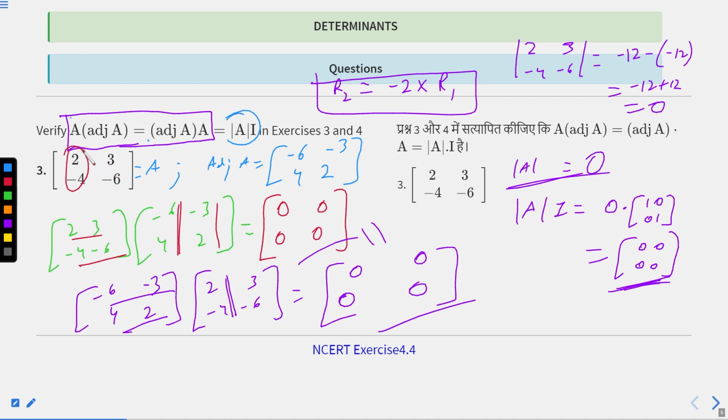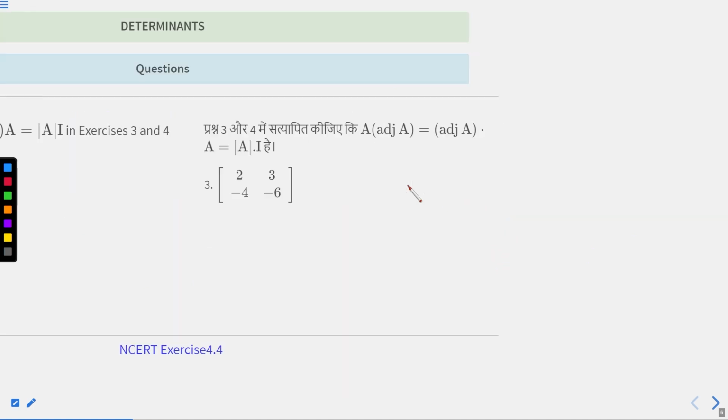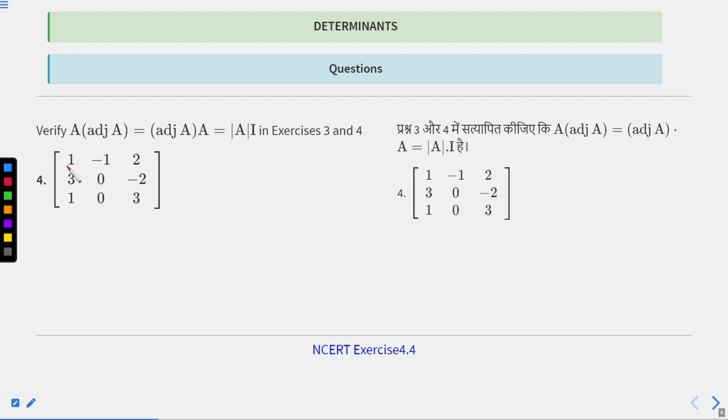Here the columns are not multiples of each other, but the rows are. If you find any one of them, row or column, it doesn't matter, you will get your determinant equal to 0. So we verified it. Let us move to the next, in which we are going to deal with a 3 cross 3 matrix.